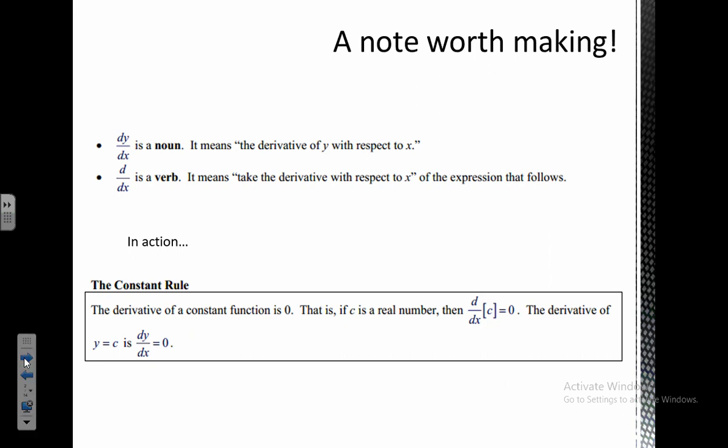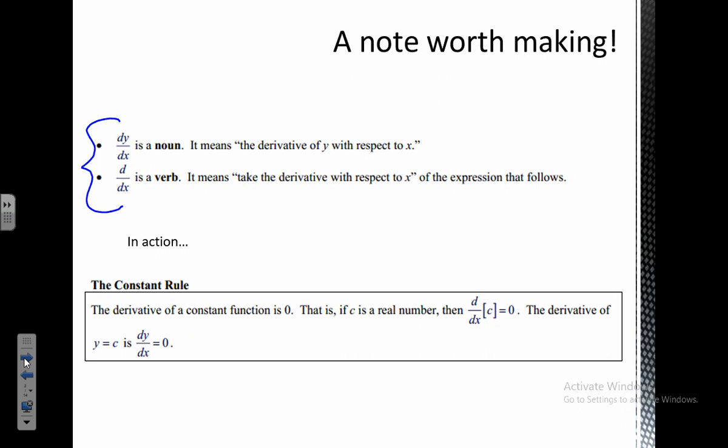So those of you who really like English, here's some grammar for you. dy/dx is a noun versus d/dx is a verb. When I give you dy/dx, it means the derivative of y with respect to x. However, when I give you d/dx, it means take the derivative with respect to x, and something will be following it so you know what to take the derivative of.